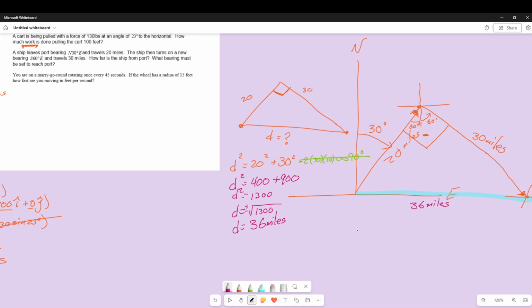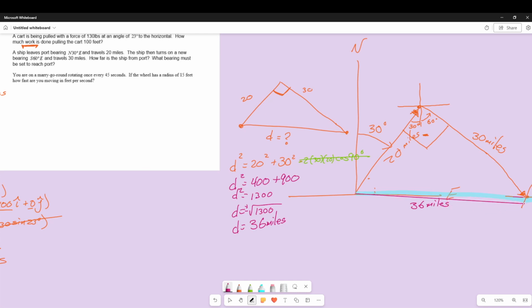So that's the nice part, but trying to figure out what this bearing back is is a little bit more of a trick. Now we have to be careful. It's tempting to go, well, this angle has to be 60 degrees because this is 30 up here. But we don't know that because we don't know exactly where this line is.